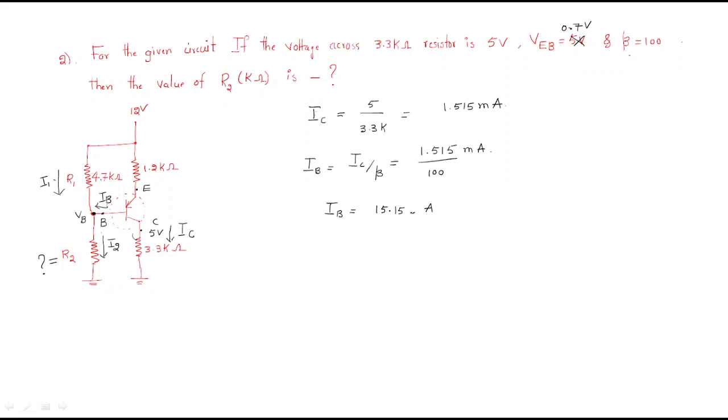Not milliamps, this is microamps, right? So the base current is completed, and we can find out the emitter current also from here.